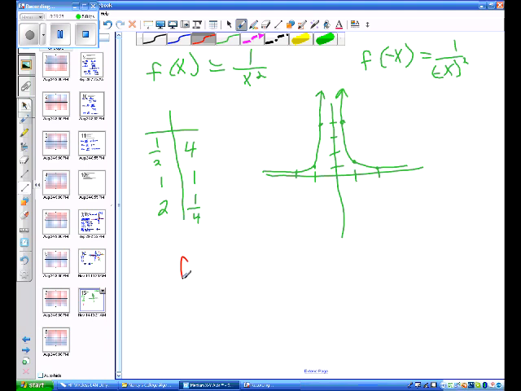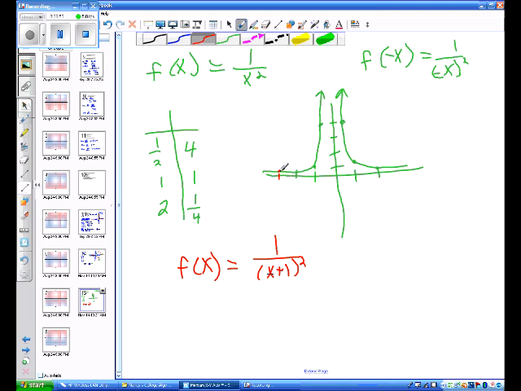So if we had f of x equaled 1 over x plus 1 squared. Okay, we undo our x, so that means we would have to subtract 1, so we're going to move all of our points 1 unit to the left.